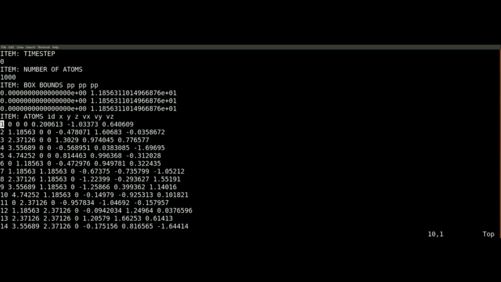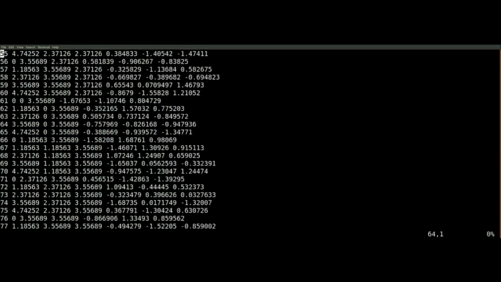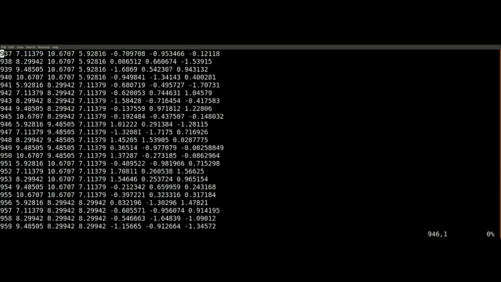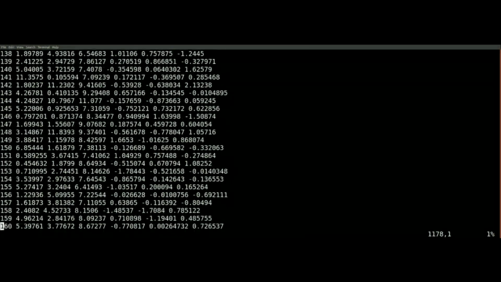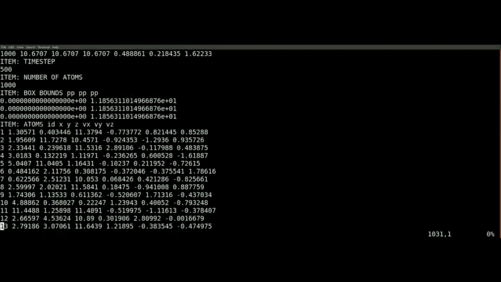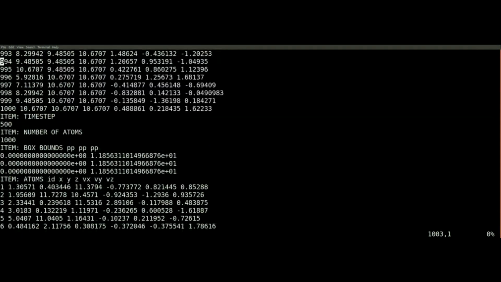So the very first atom is on position 0, 0, 0 and has a random velocity, randomly set by our velocity command, of 0.2 in the x direction, minus 1.0 in the y direction, and 0.4 in the z direction. And then it'll list exactly the same thing for all of the particles until we get to, I missed it. There we go. The 1,000th particle.